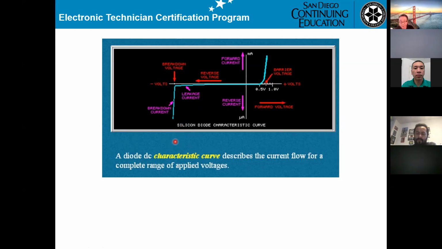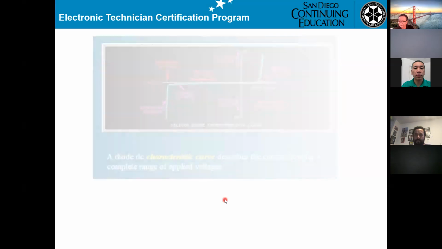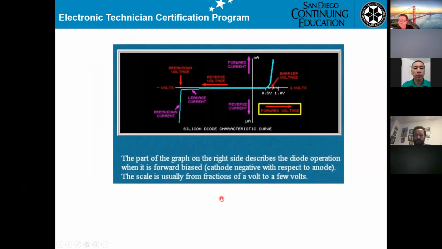For the resistor, if you increase the voltage, you increase the current, or if you decrease the voltage, you decrease the current. Both go up or both go down. So that's why they call a resistor a linear device.